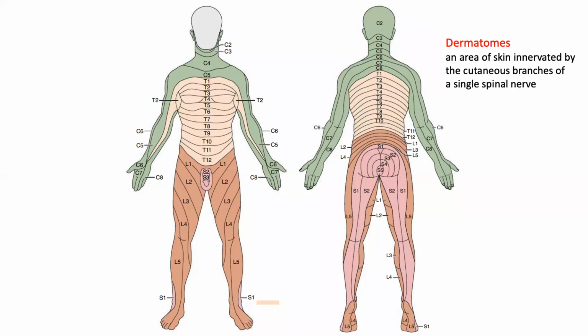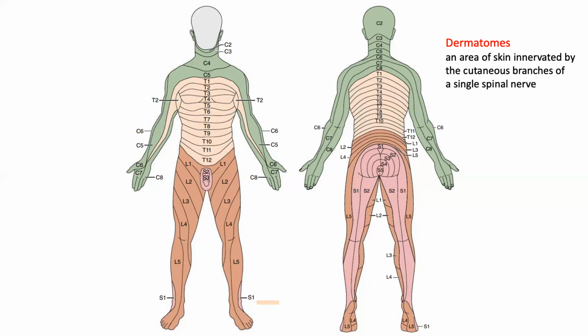As we know, spinal nerves leave the spinal cord at different levels of the spine. If we look at this diagram, the cervical 5 spinal nerve will be carrying the sensation from the anterior aspect of the elbow and the shoulder tip.